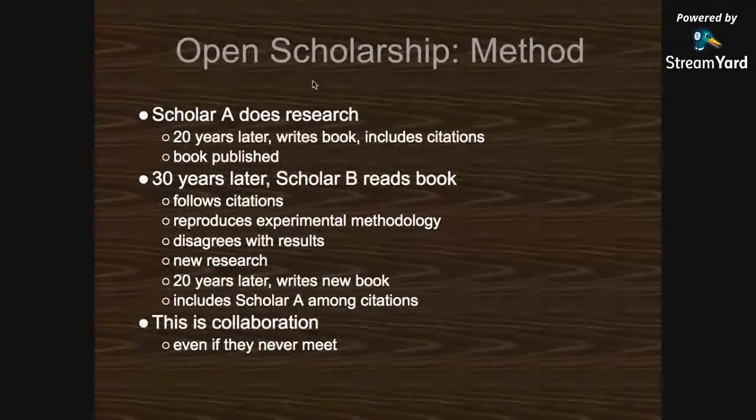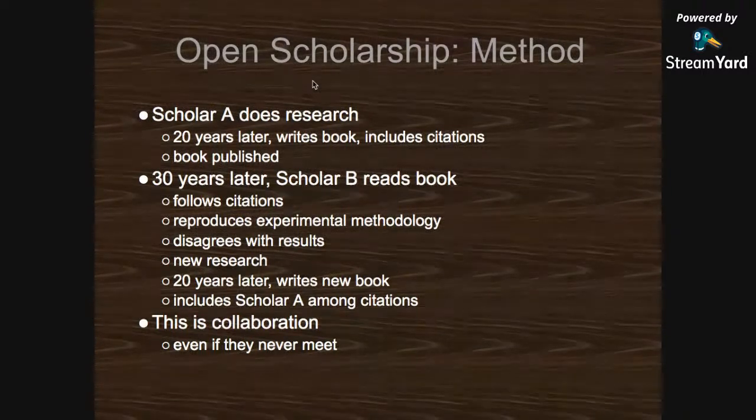So the traditional method, and this has been the case in most disciplines since the 18th century, and of course longer, right up to now, is that one scholar will do some research, and they might spend 20 years doing this research. They write a book which includes citations to their research. That book is published.